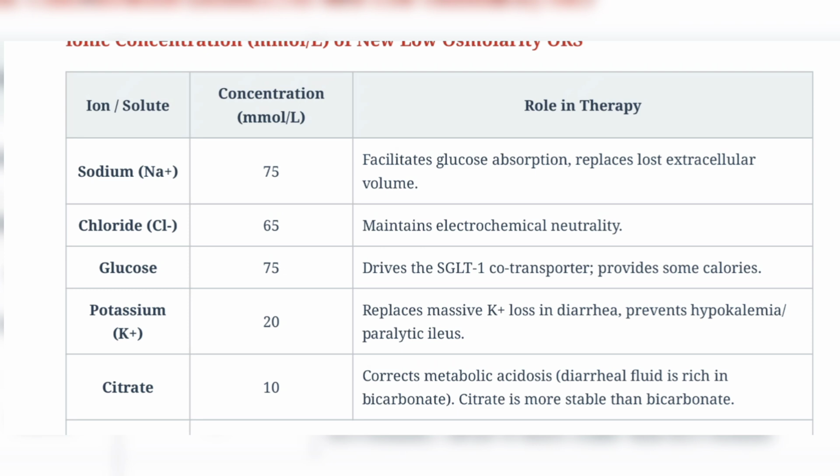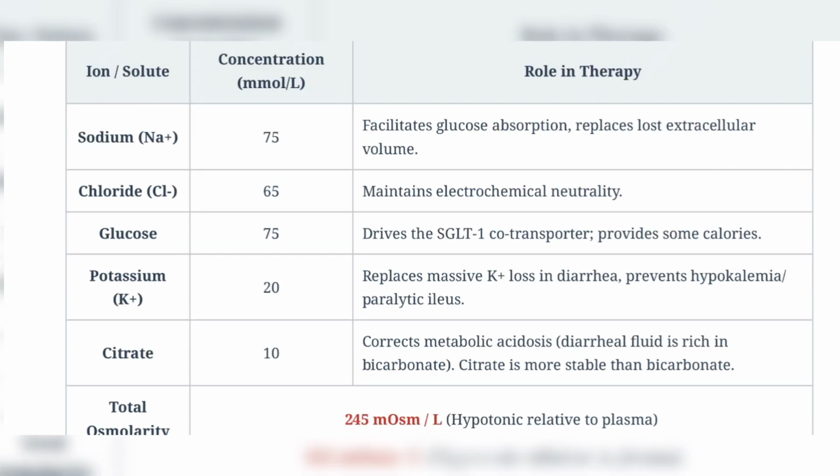It facilitates glucose absorption and replaces lost extracellular volume. Chloride ion concentration is 65 millimole per liter, which maintains electrochemical neutrality. Glucose concentration is 75 millimole per liter, drives the SGLT co-transporter, and provides some calories.